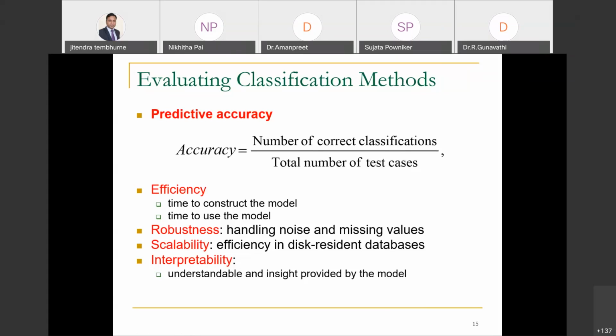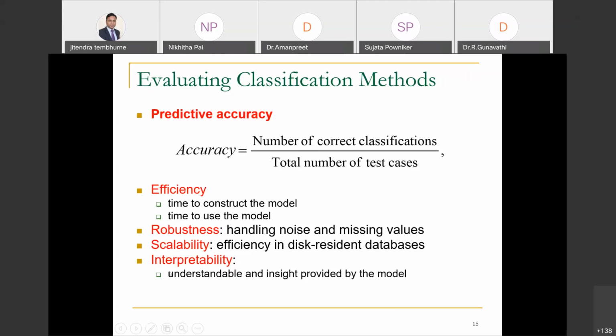Scalability means how scalable your model is in accommodating more and more data to learn. The more it learns, the more scalable it is, and then definitely your model tends to have more accuracy.